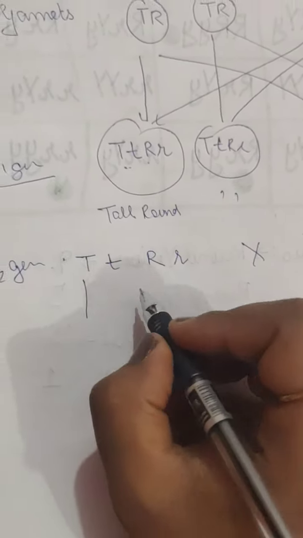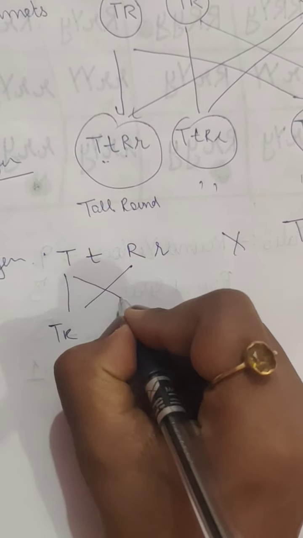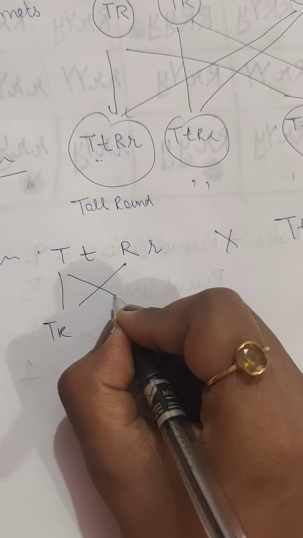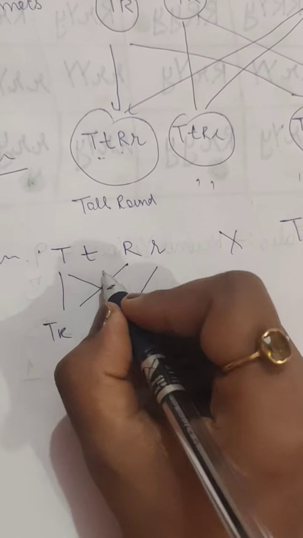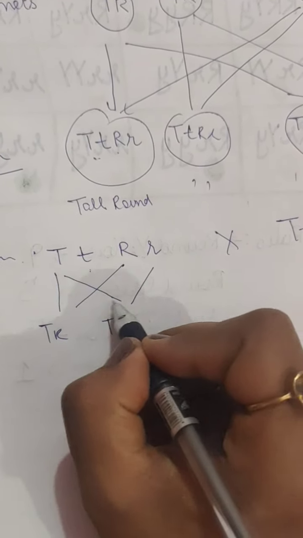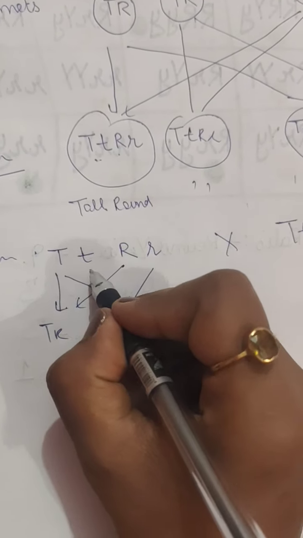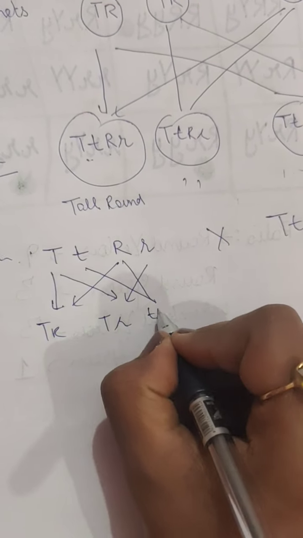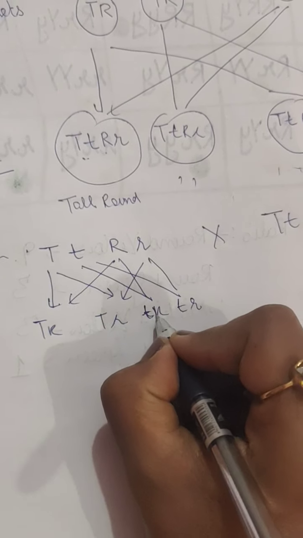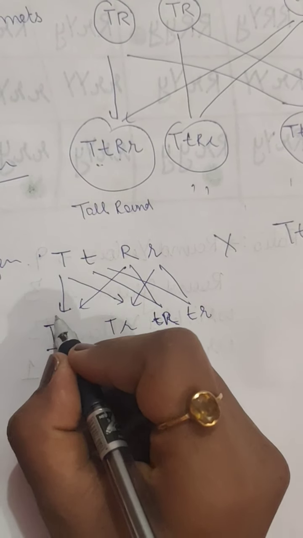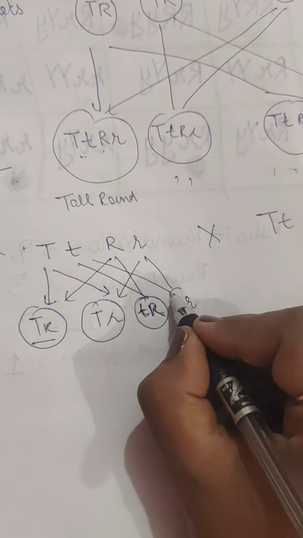Then it will again form gametes. It will be TR, and it will form a gamete with this, TR, and so on. Now when it links with this, TR and then TR, we can see capital T and capital R, capital T and small r, small t and capital R, small t and small r.